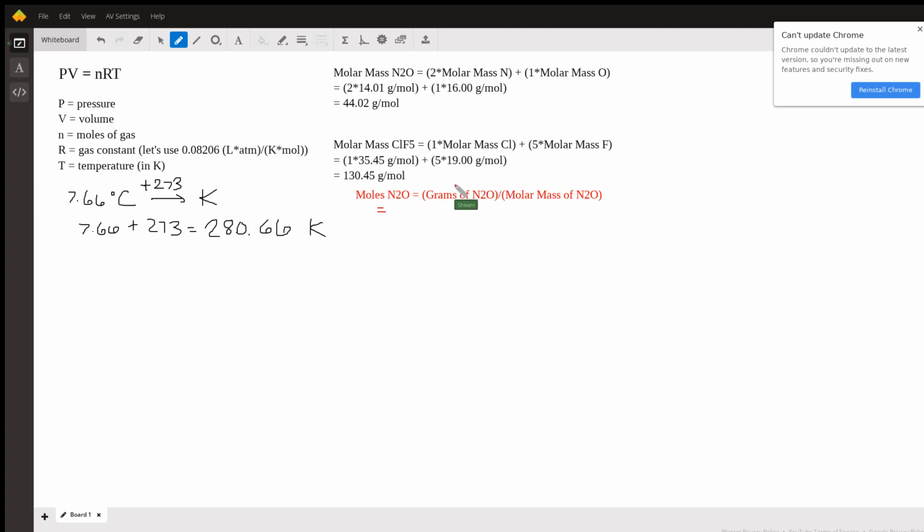So it's 4.90 grams times 1 mole over 44.02. It's the same thing: you have the grams divided by 44.02, the molar mass. I just want to show you how the units cancel out so that you end up with moles.